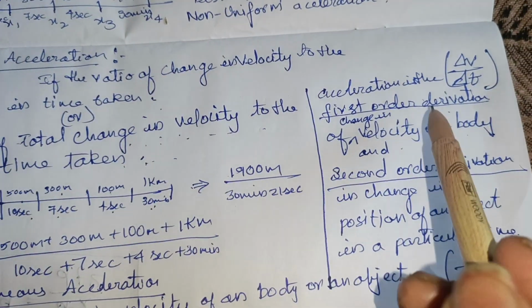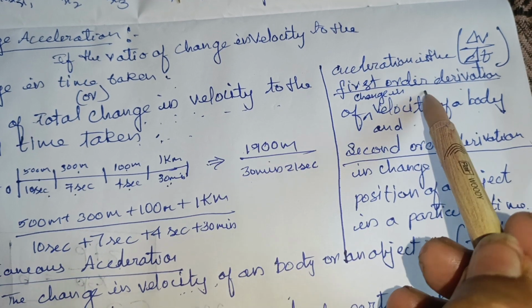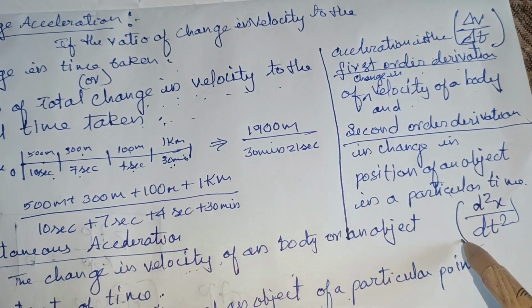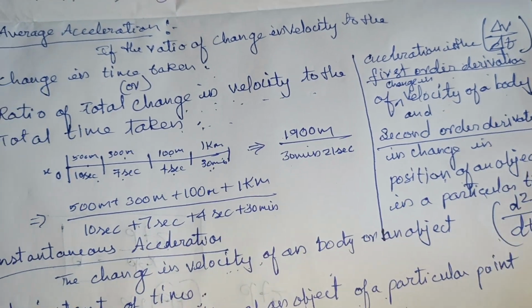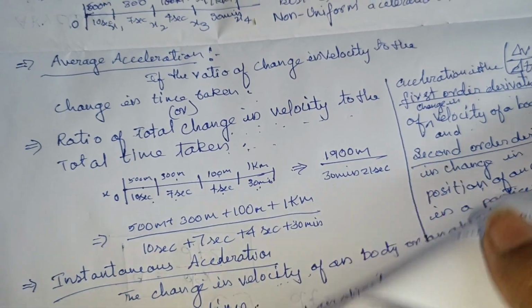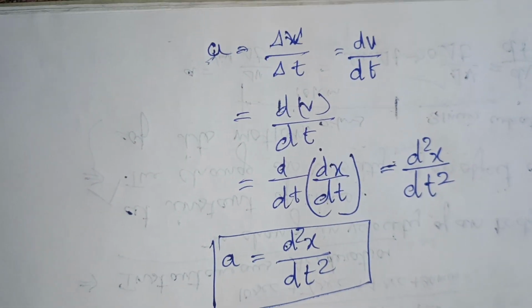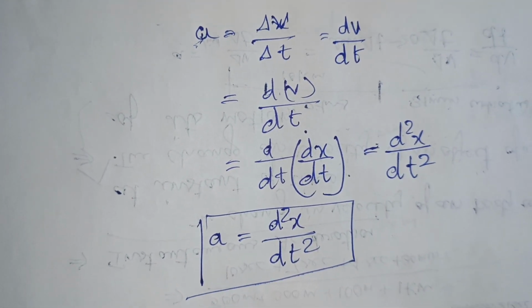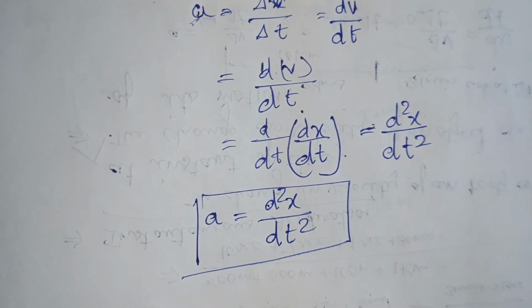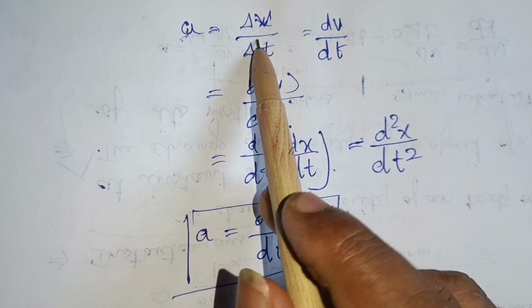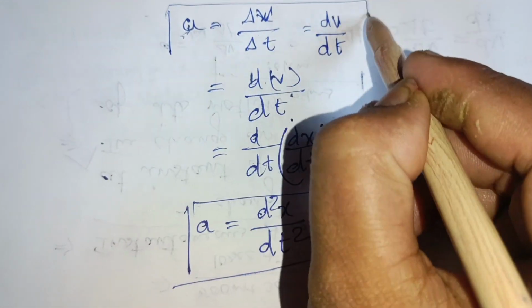In this sense we can write acceleration as the first order derivative of change in velocity and the second order derivative of position of an object. This derivation will be really helpful to define acceleration with respect to position of an object. So this is the actual definition which you have learned so far.